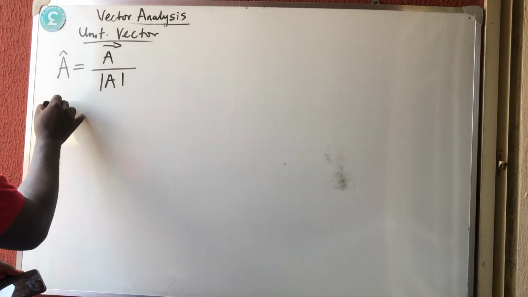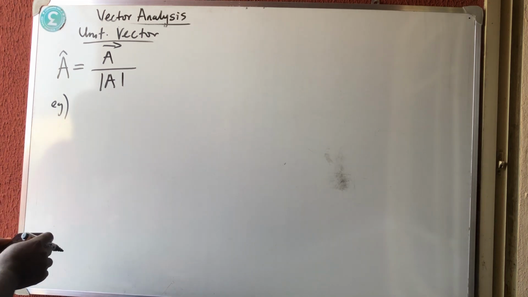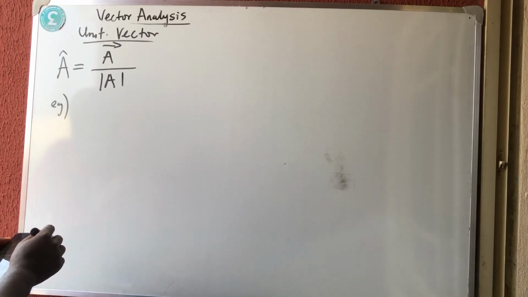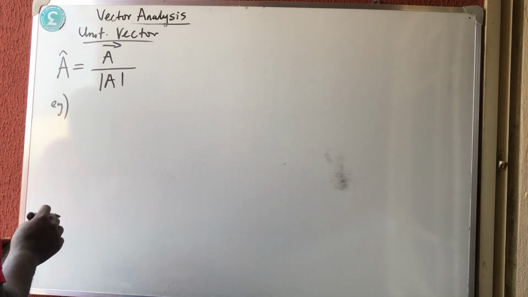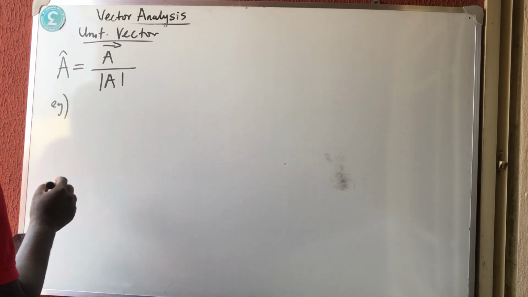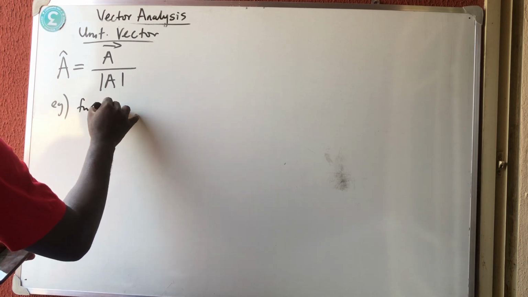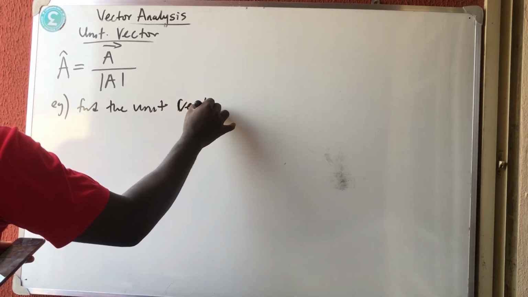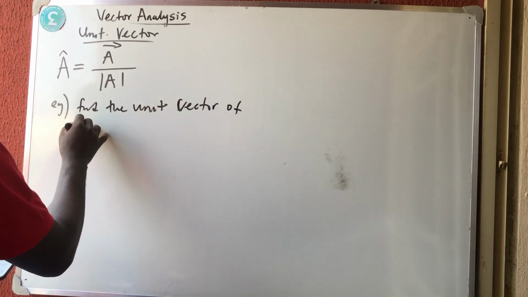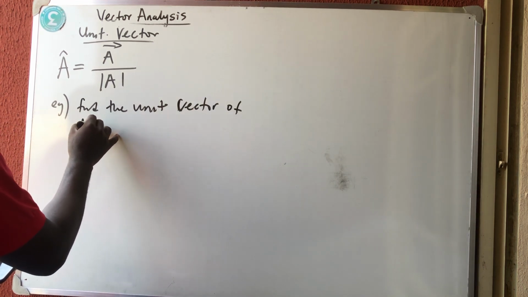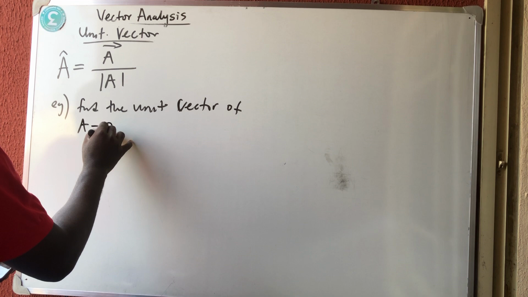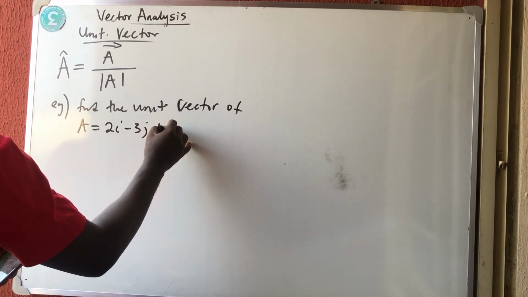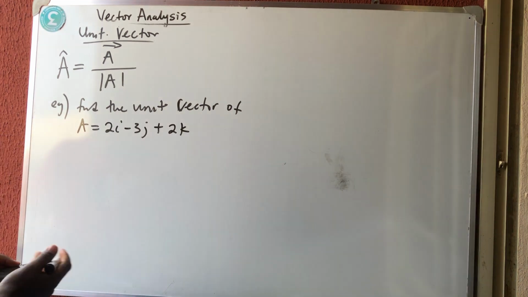Okay, look at an example. Example: find the unit vector of vector A, which is equal to 2i minus 3j plus 2k. Very simple.